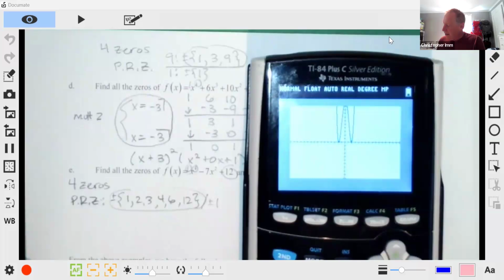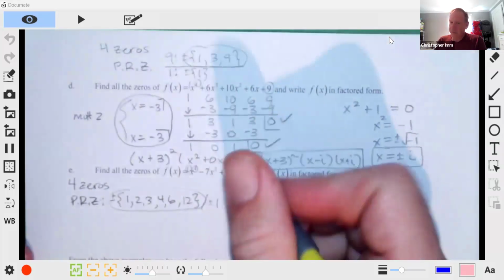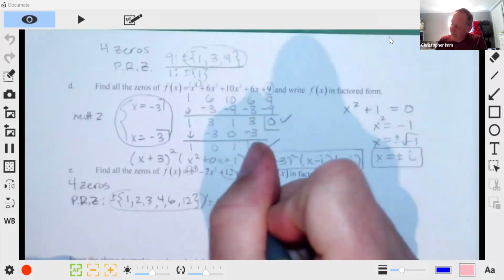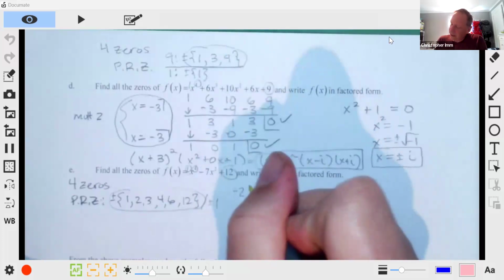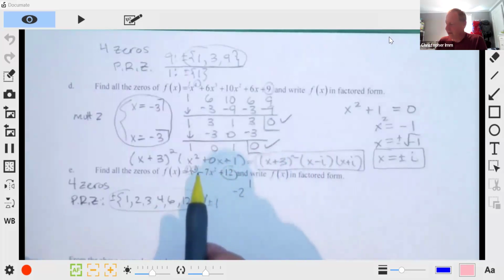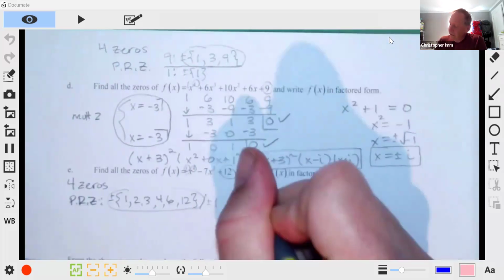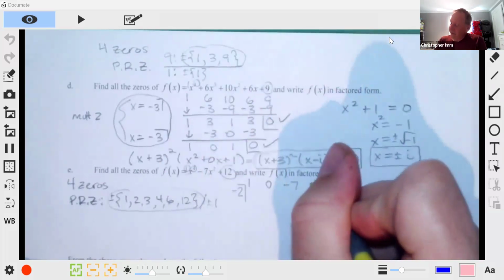We thought it might be -2, so let's just verify that. So when I do a trace, there it is, and plug in -2, it does give me a 0. Okay, so this one will be sort of intuitive. That's nice. I'm going to do -2, and I'm going to do 1. Now I have to be really careful here because I don't have an x cubed term, so I'm going to put in a 0. I have a -7. I don't have an x term, so I'm going to put in a 0.